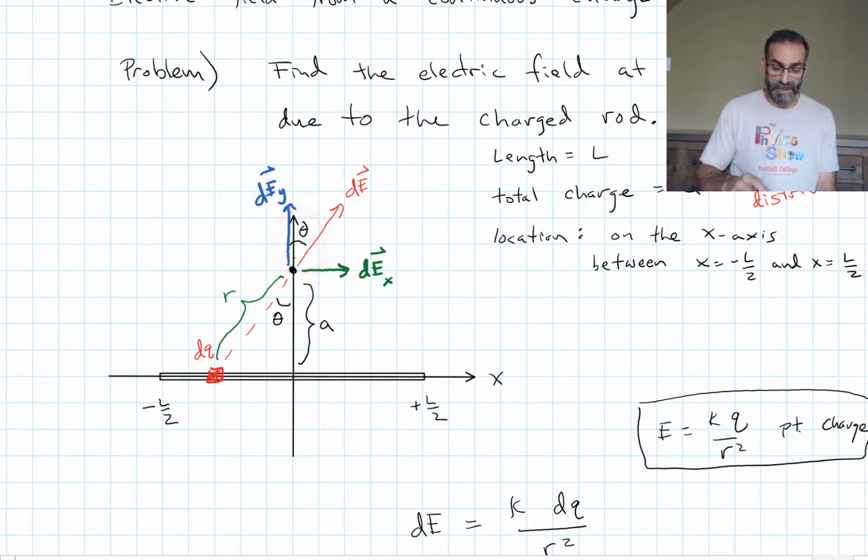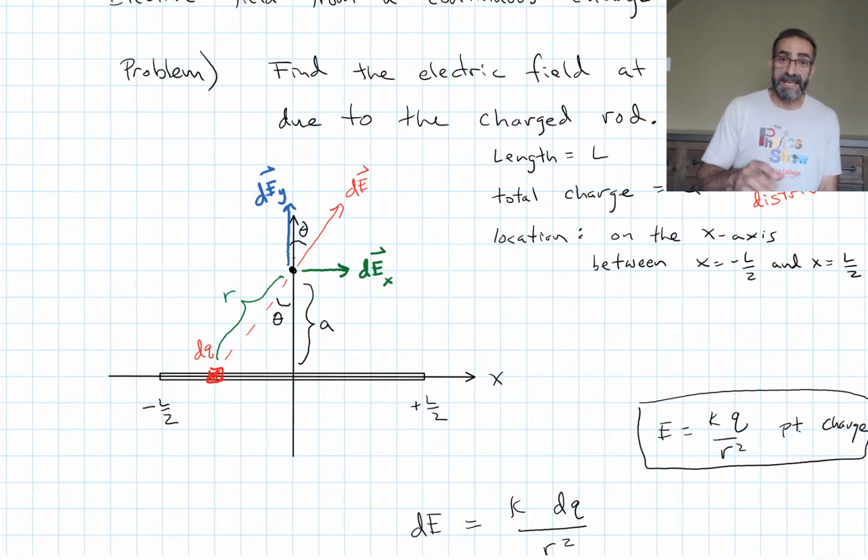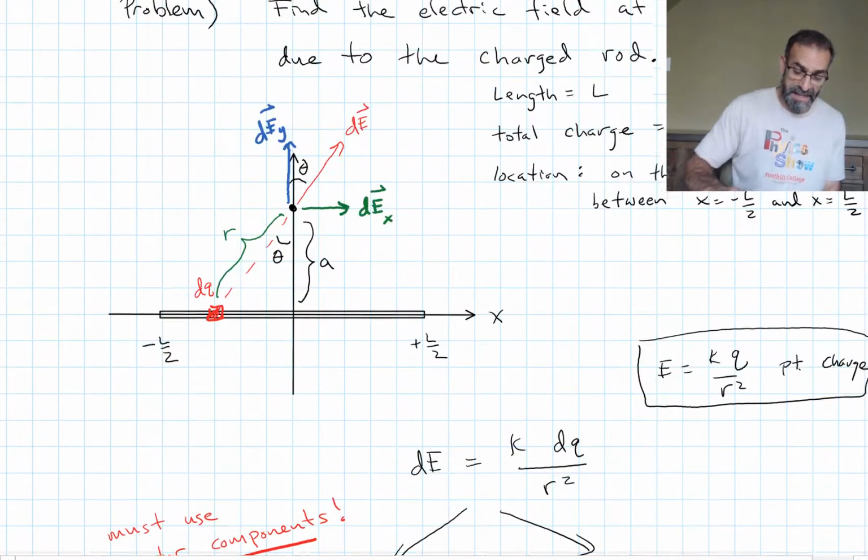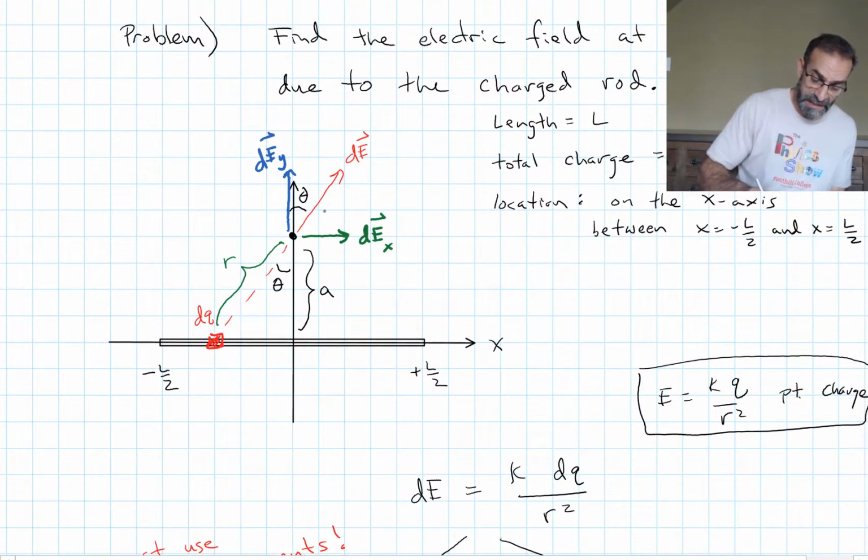And now we can break these up. The y component is going to be dE times the cosine of theta. And the x component is going to be dE times the sine of theta, right? That would give us this part right here, the opposite part, which is what we want.